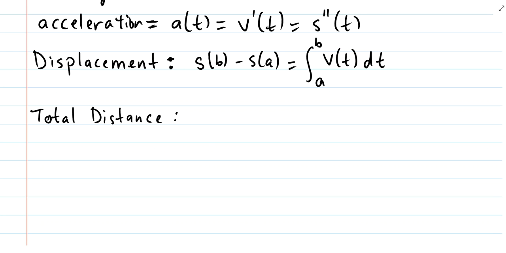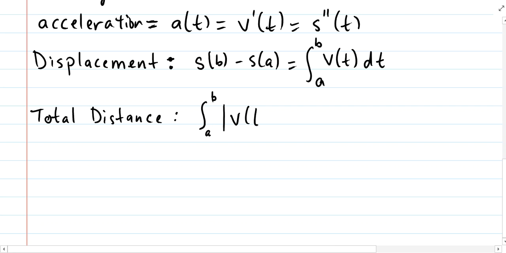And what we're doing with displacement, we're saying we're going to add up all the positives and subtract all the ones below the x-axis, which are negative, to get total displacement. To get total distance, we take all those negative areas and flip them up. The way we do that mathematically is absolute value. And we'll get into this more. But basically, we're taking all the negative areas, ones underneath the curve, flipping them up, and that's the total distance.